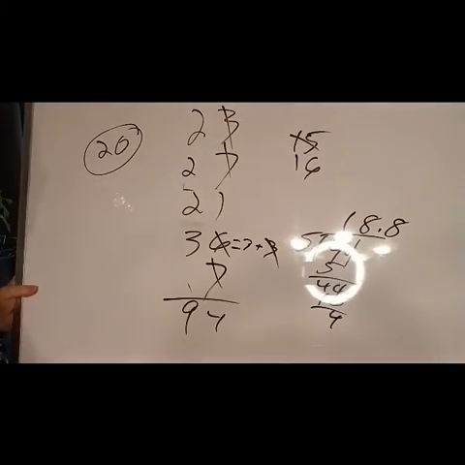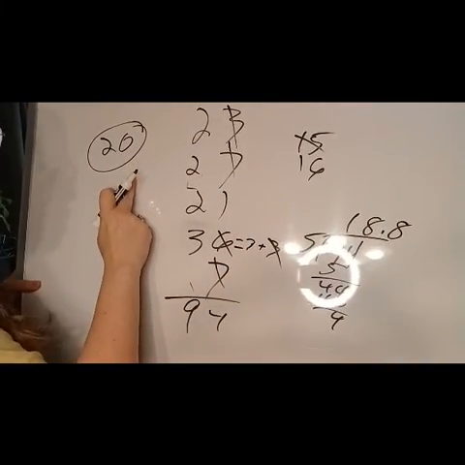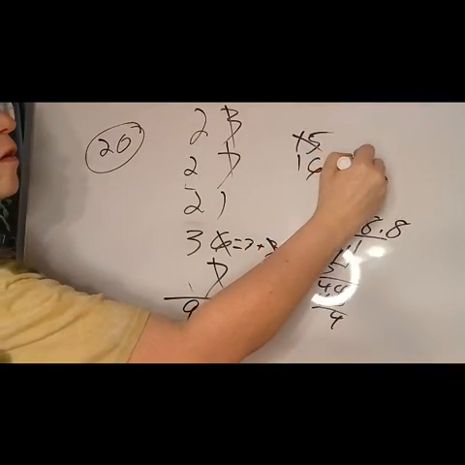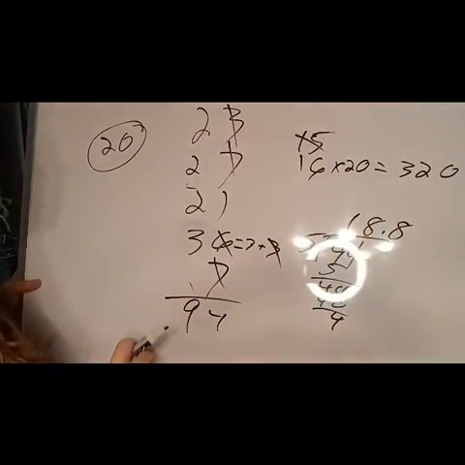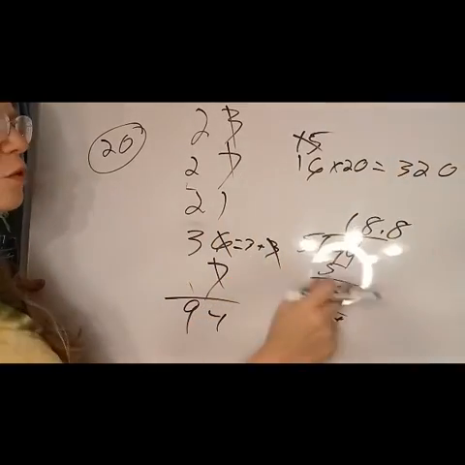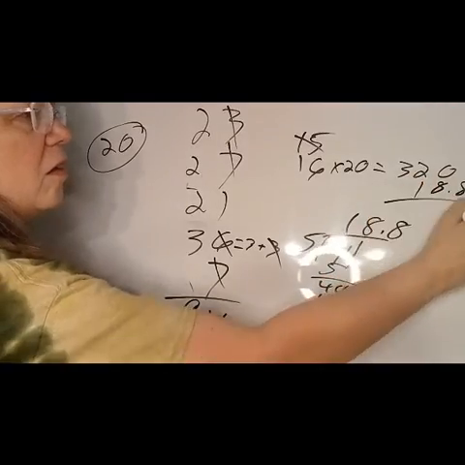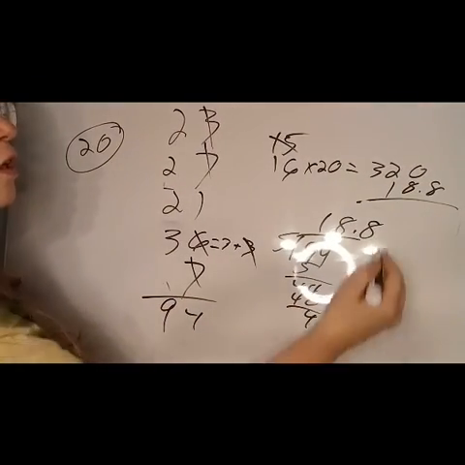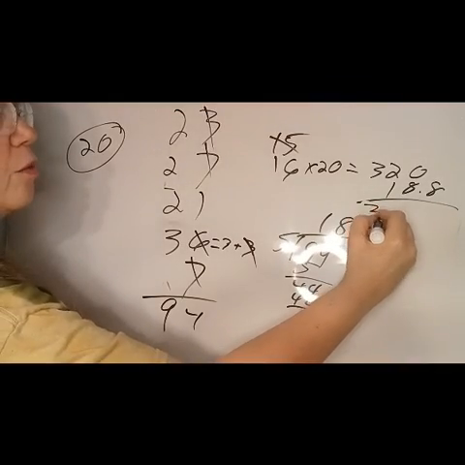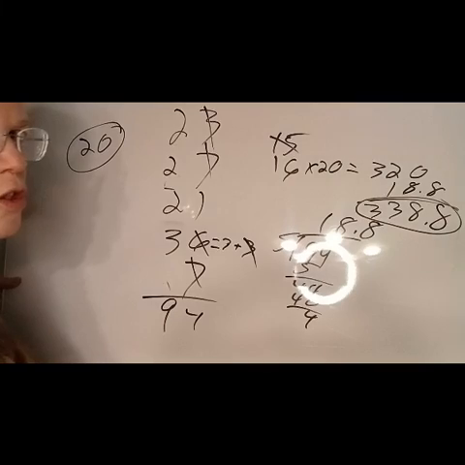All right. So from the 16, we got 20 for each one. That gives us 320. So the packets of 100 gave us 320, and the rest of it gives us 18.8. So that gives us 338.8 as our average.